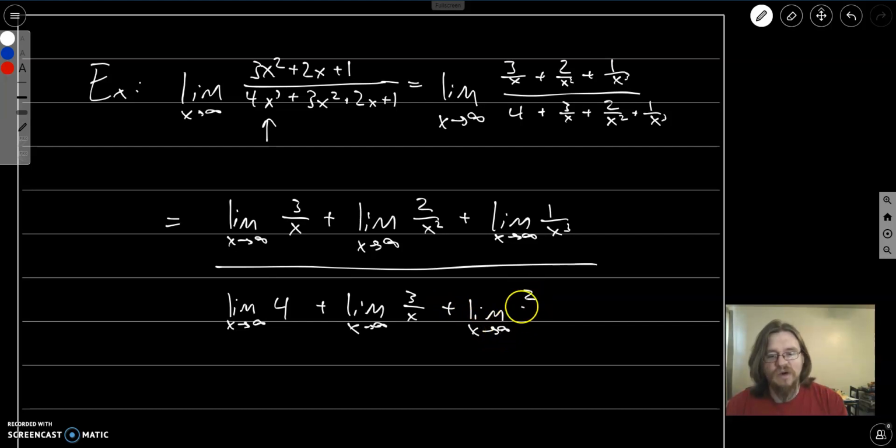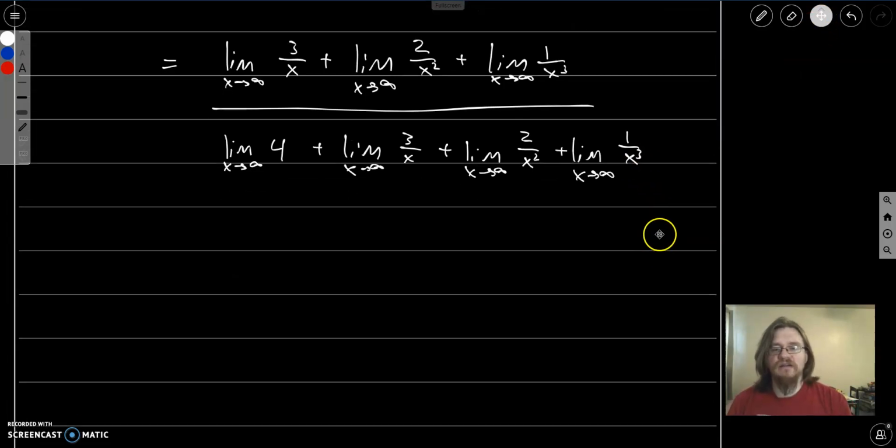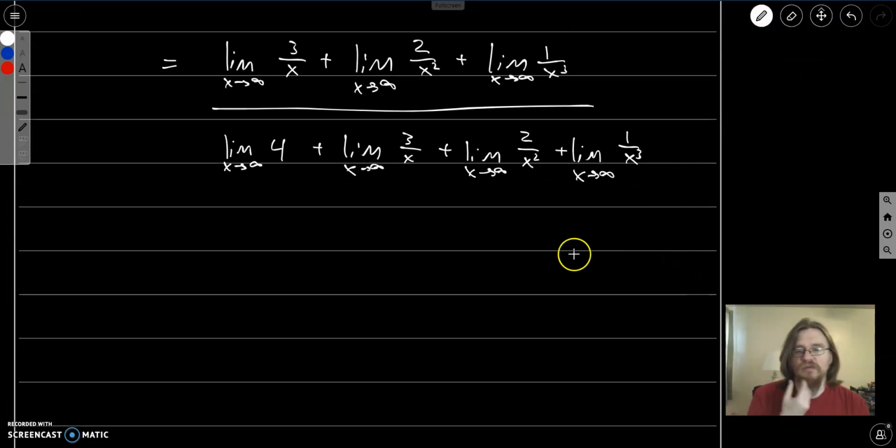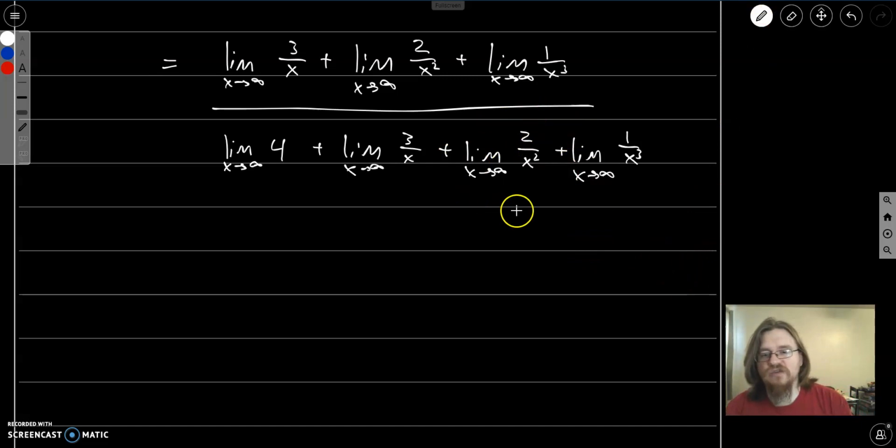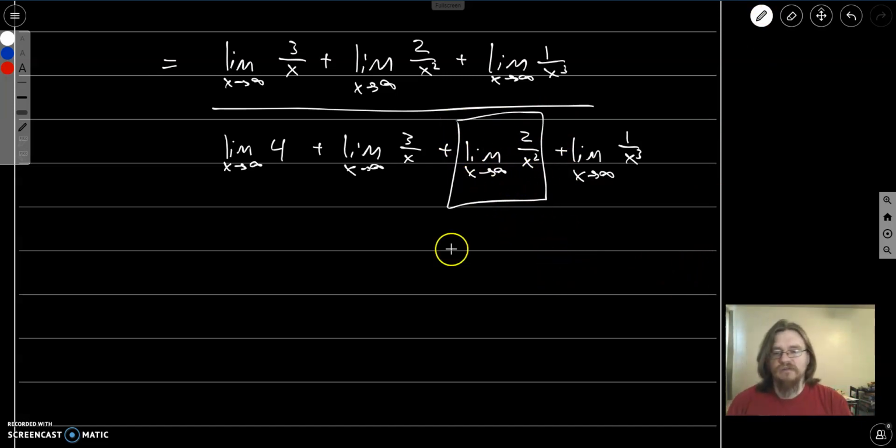You can begin to see why I'm doing a lot of extra steps that maybe I don't need to here, but I just want to do this for completeness' sake. And here, I'm going to do a couple of things. I'm just going to pick one of these, and I'll show you what happens to it. So let's simplify this one here.